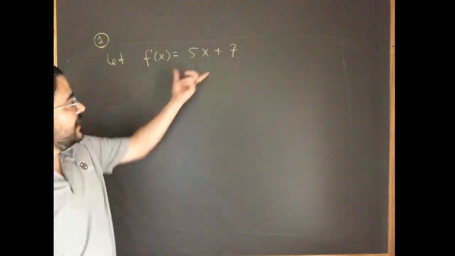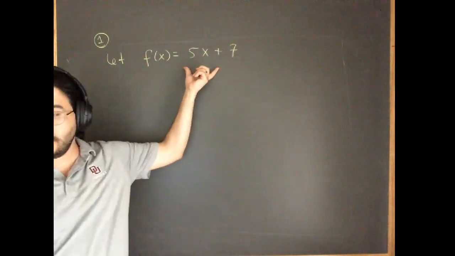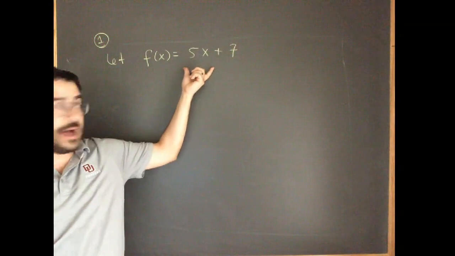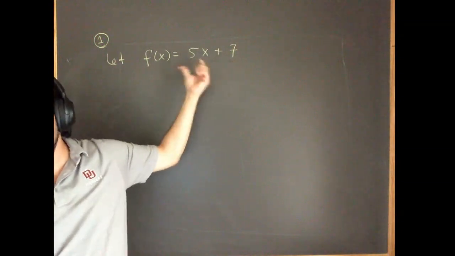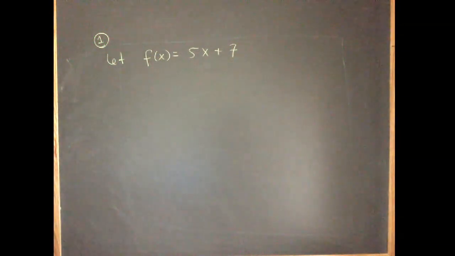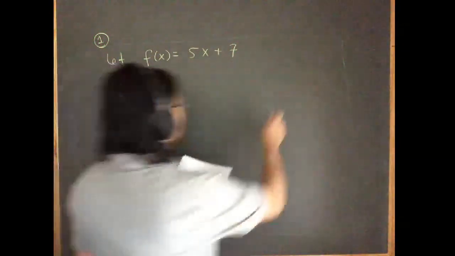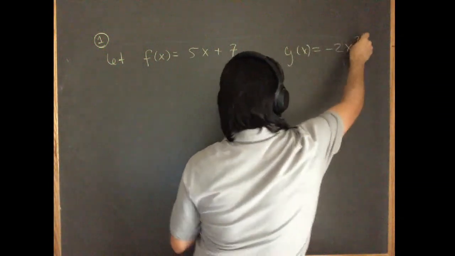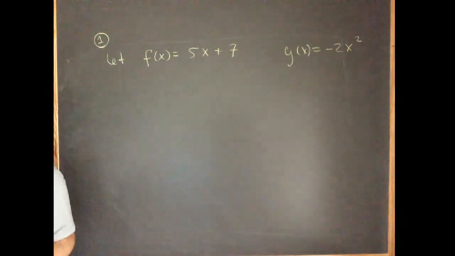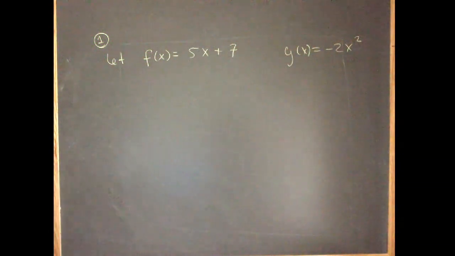And now we should be getting a sense of what the graphs look like for these as well. So this should be a line with slope 5 and y-intercept of 7. So graphically, that guy's a line. And then we'll also look at g of x is equal to negative 2x squared. And the x squared, that's one of those parabola shapes, right?